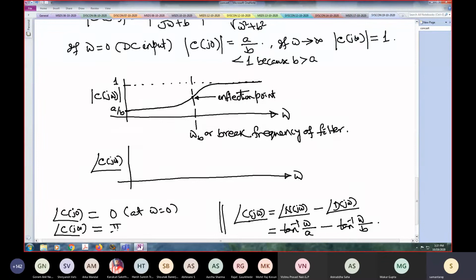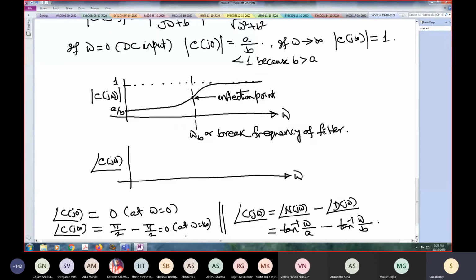First term tan inverse infinity by A is pi by 2. The second term is also pi by 2. So that is also 0 at omega is equal to infinity. So at omega is equal to 0, the angle is 0. At omega is equal to infinity, the angle is also 0.